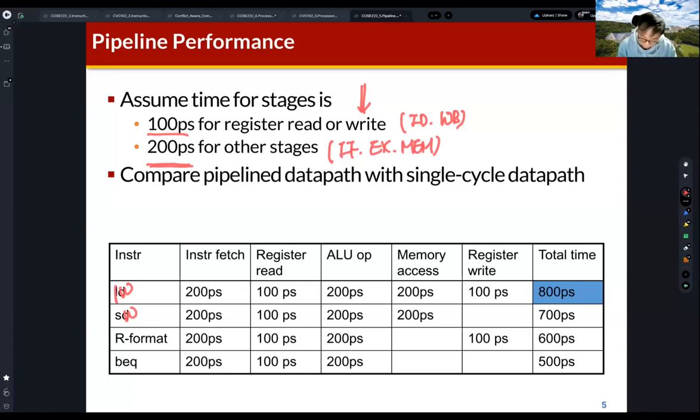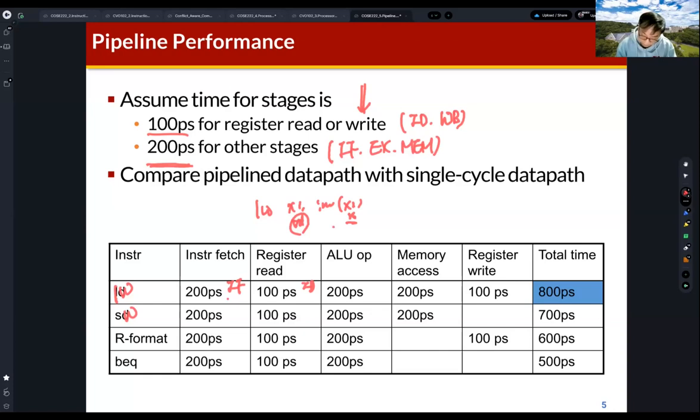Okay, so let's see the load word. For the load word, the instruction needs to be fetched, so it takes 200 picoseconds for the instruction fetch. Then the register read is ID, which takes 100 picoseconds, since the data needs to be read from the register file.